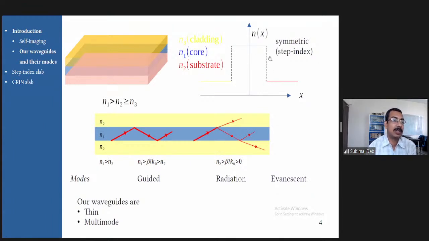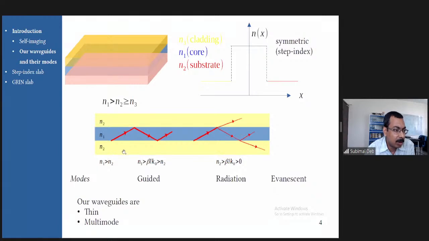So the refractive index on either side of the core, if it is symmetric, you call it a step index symmetric waveguide. And that is what we are going to consider for the first part of the presentation. In such a waveguide, you have a lot of different modes that get excited, but out of them, we will be concerned only with two kinds of modes.